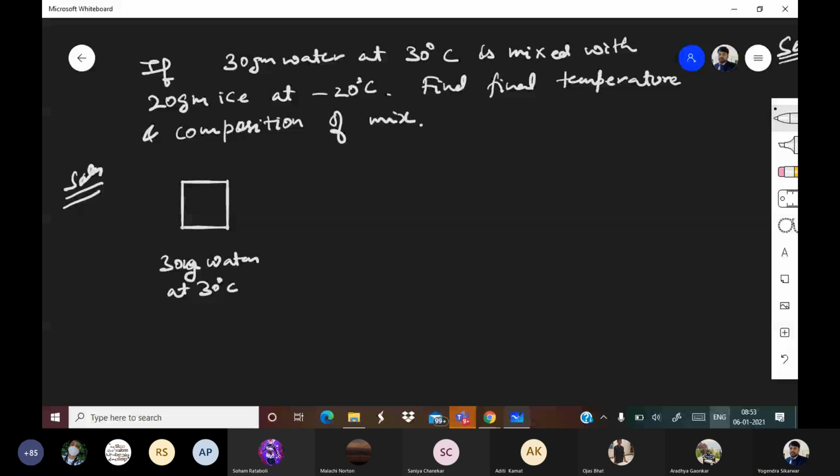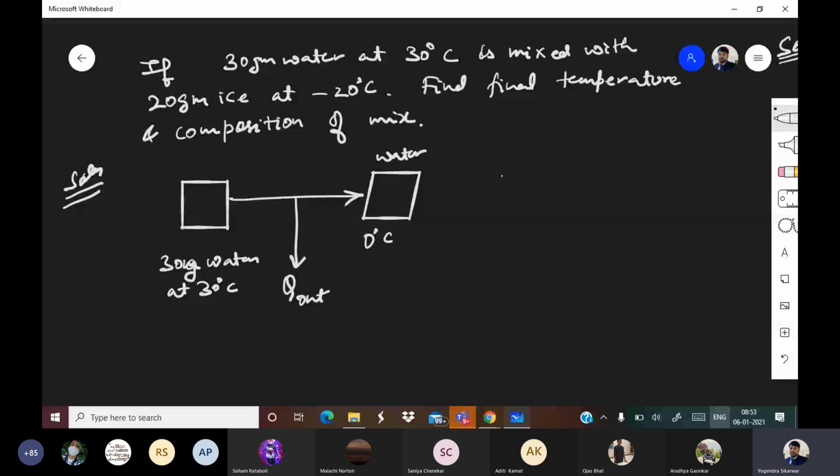Yes or no? Now listen carefully. When we bring this 30 gram water to 0 degrees Celsius, water will be releasing heat. It will be Q out.